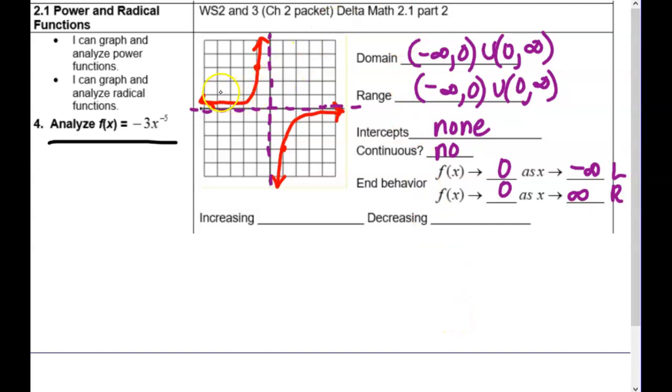All right, and I know it seems like it's so tiny, but in essence, you're doing this and you're doing this as you go left to right. So both of those are what? Increasing, but you do have to say the domain interval where it is increasing. So you have to say -infinity to 0 and 0 to infinity.